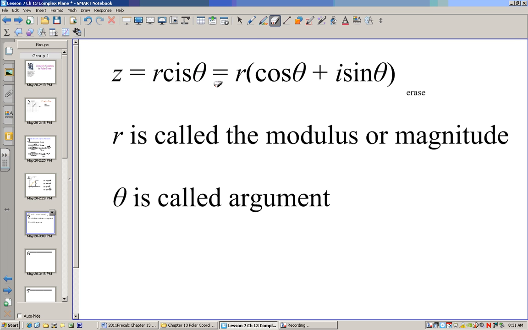This right here is a shorthand for that. So we're taking r times cosine plus i sine of some theta. So we expand this to be this.